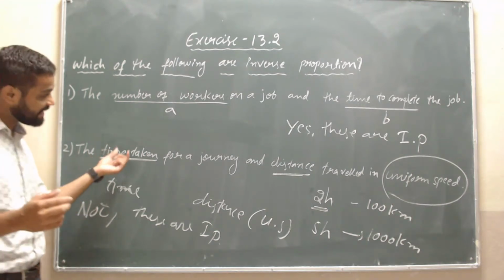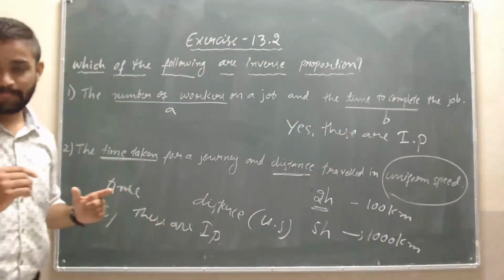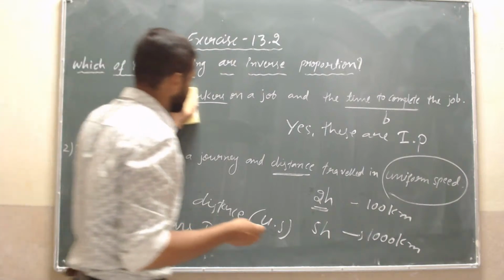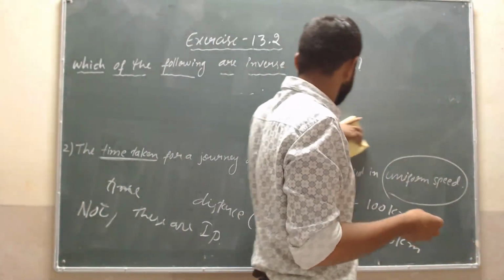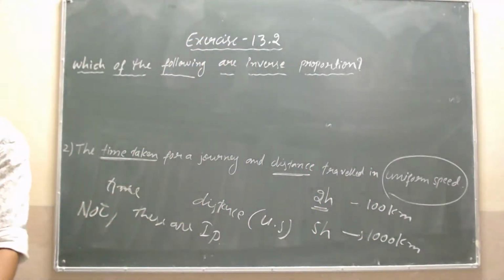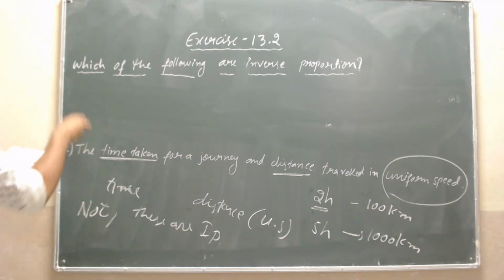What are these? The time taken as well as the distance traveled in uniform speed. Let's move to the next statement. What's that? The time taken for a fixed journey and the speed of the vehicle.